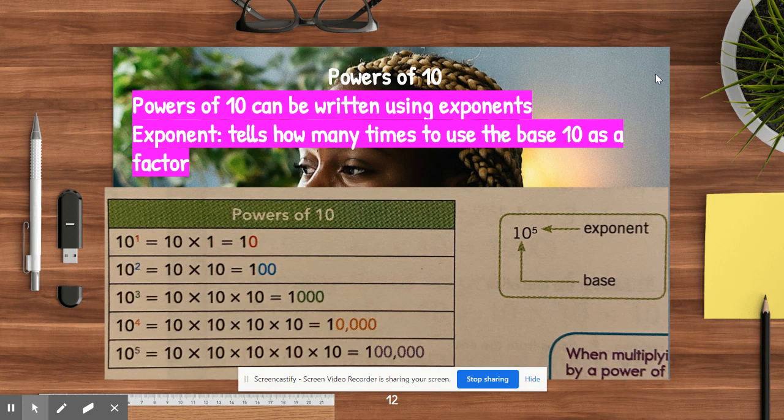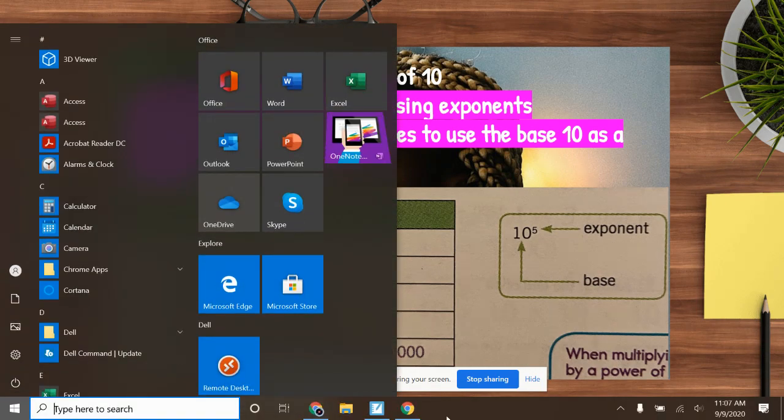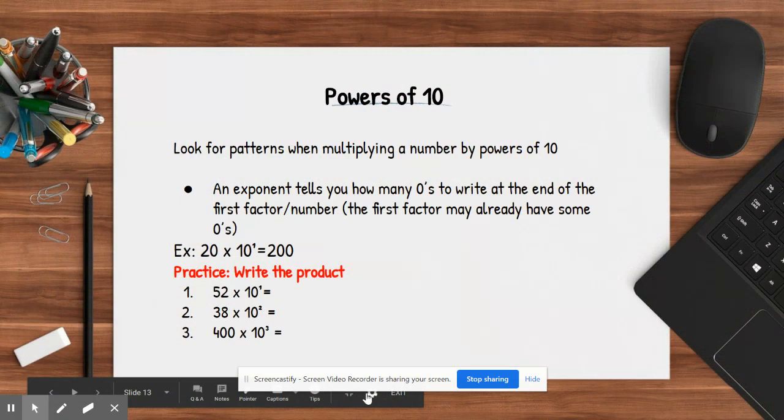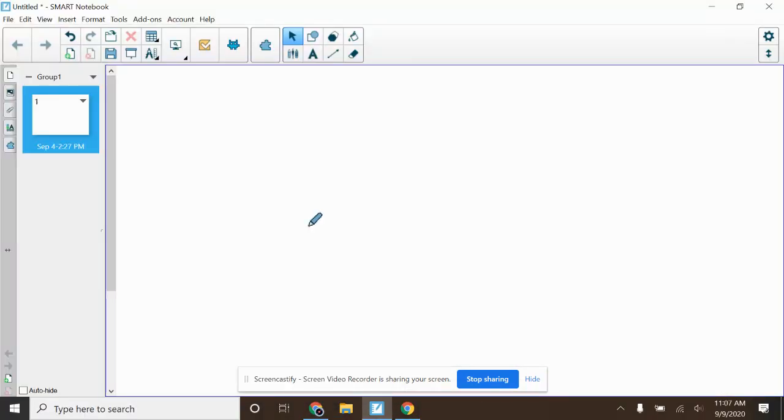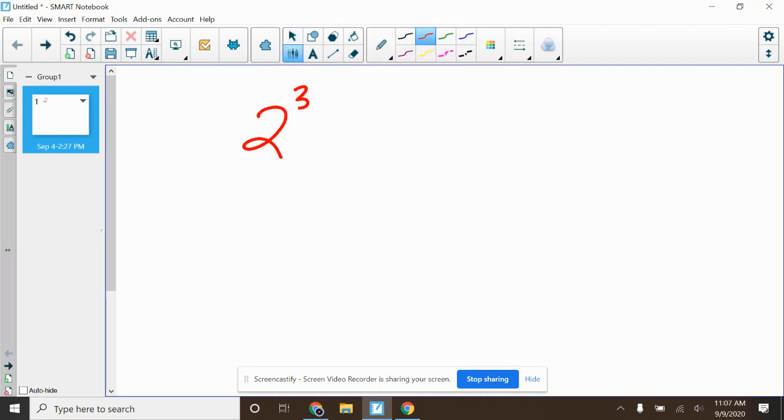So now that you know that definition, I gave you an example. The example that I shared with you on the board, and I'm going to share it down here as well on our screen, is the number 2 to the 3rd power.